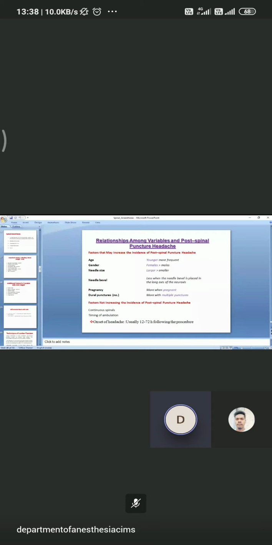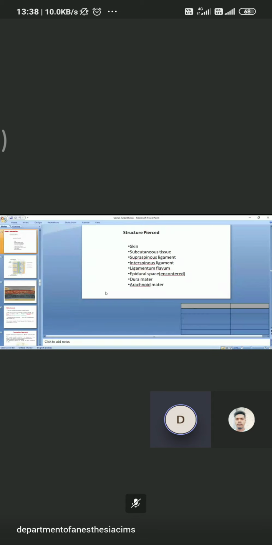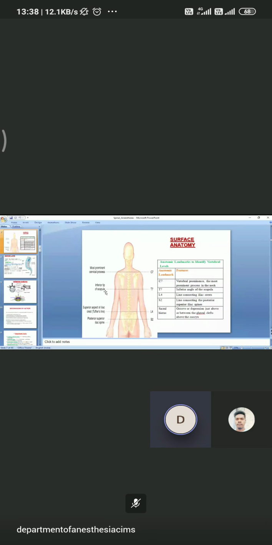Does anyone have anything to ask about this? If somebody has any doubt or queries, or wants to know more. Spinal anesthesia is a very common type of anesthesia, so you will encounter this in all your postings and it is very commonly given for all the low volume surgeries.